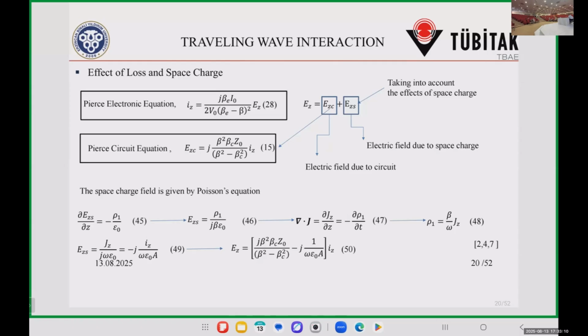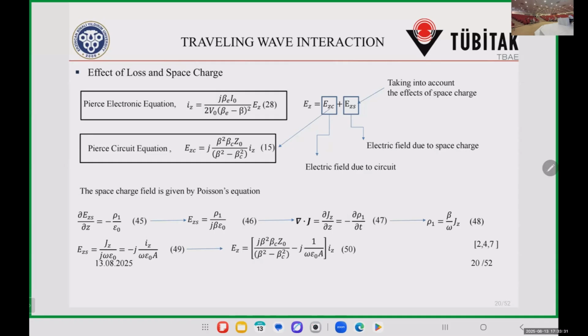If we take into account the effects of space charge, then we add the electric field of the space charge here. So how can we obtain this space charge electric field? We use Poisson's equation.